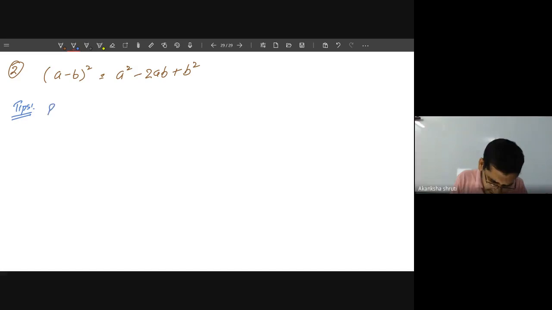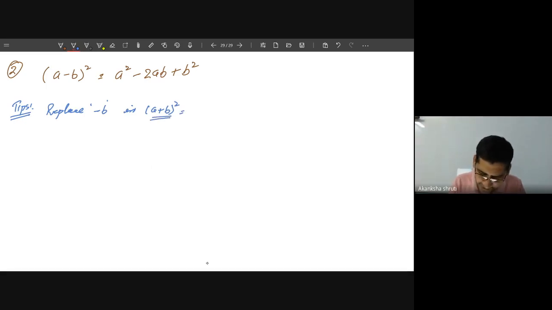You just replace b by minus b in (a plus b) whole square. Whatever the positive identity is, you have to keep in mind that b is replaced by minus b. It is given by a square plus 2ab plus b square.